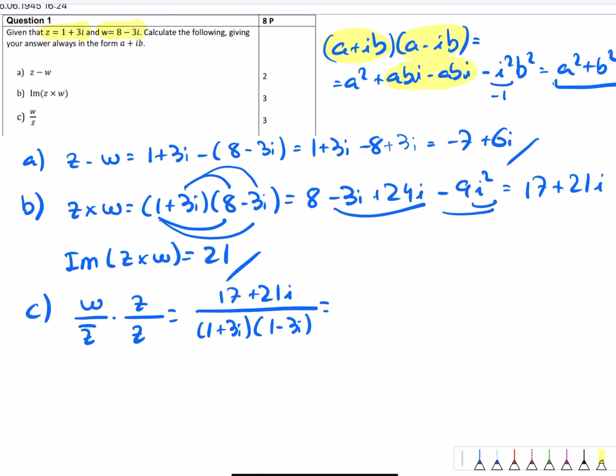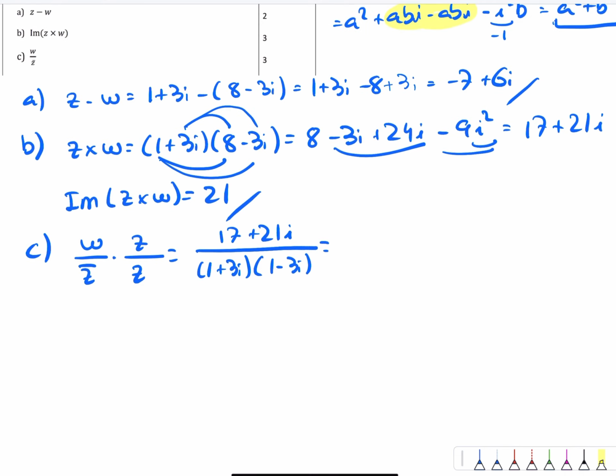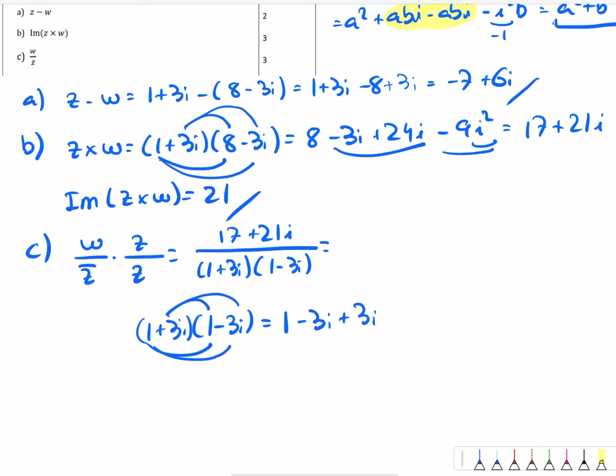In the top we can just use the answer from the question before. The denominator is 1 plus 3i times 1 minus 3i. I explained how to do it here, but I'm just going to do a numerical example, not just leave it with letters. When we expand this, we get 1 minus 3i, and then plus 3i, and finally minus 9i squared.